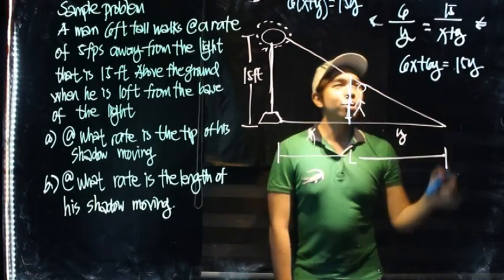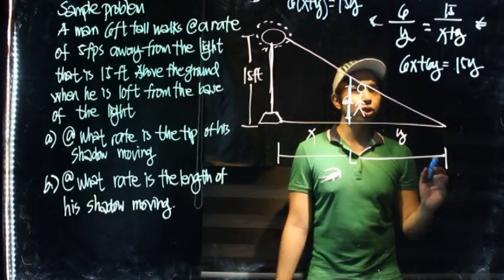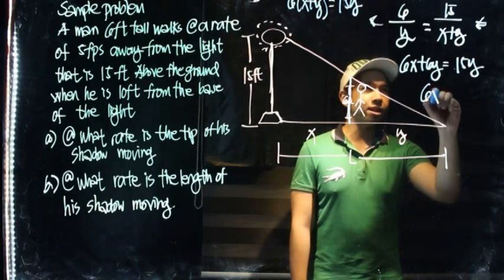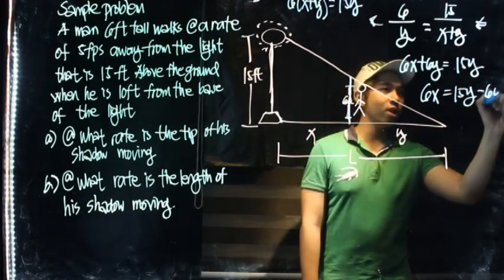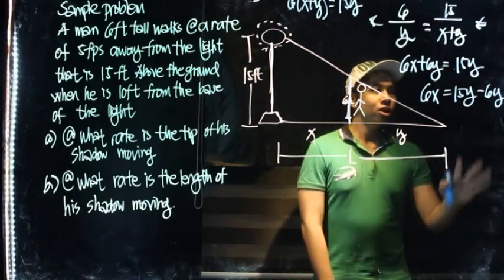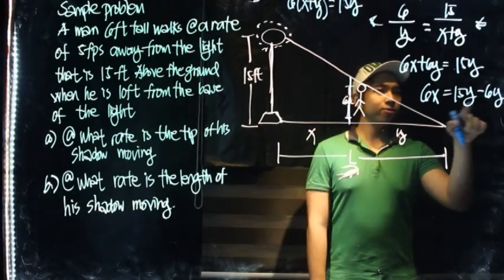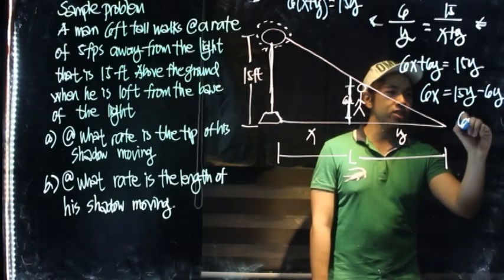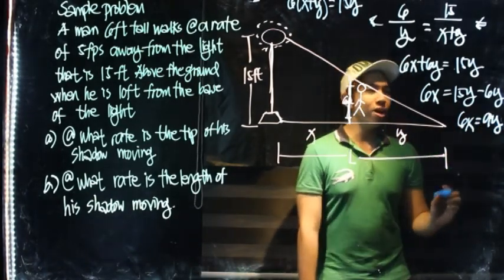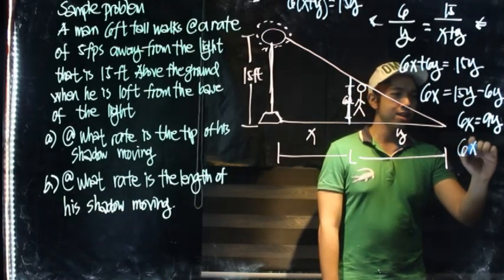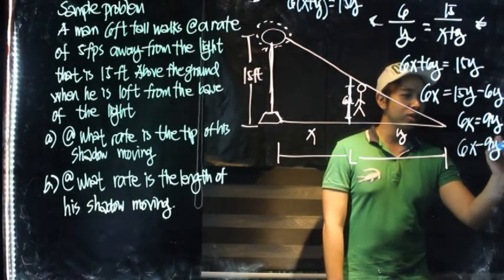Okay. So let's try to isolate the variables. So that would be 6x, okay, is equals to 15y minus 6y. Okay. So solving this, 15 minus 6, so that would be 6x is equals to 9y. Okay. So we now have the relation, okay, 6x minus 9y is equals to 0.